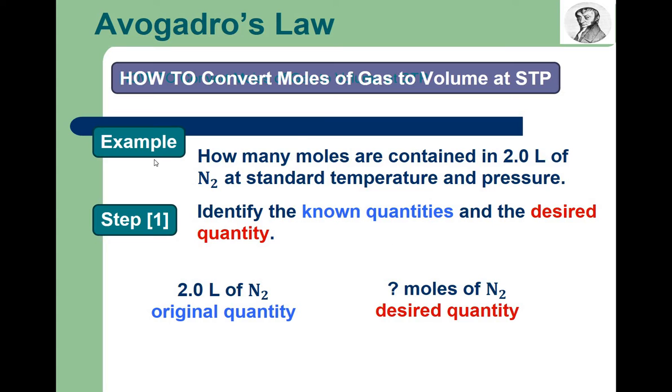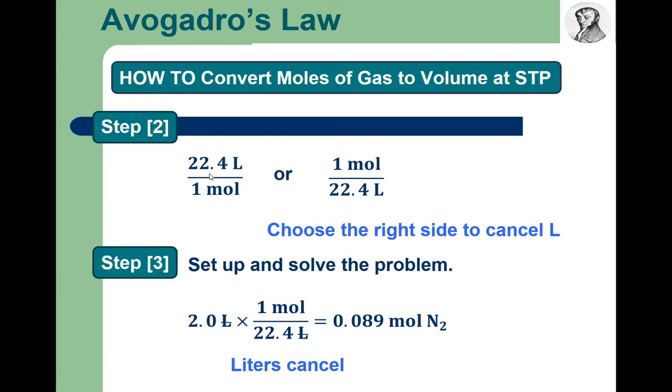All right, so how to convert with Avogadro's law. Here we have 2 liters of N2, the original quantity, and we want to find the desired quantity. We ask, which conversion am I going to use, 22.4 liters over 1 mole or 1 mole over 22.4 liters? I'm trying to get rid of liters, so I put 22.4 liters on the bottom, and I can find out how many moles I've actually got.